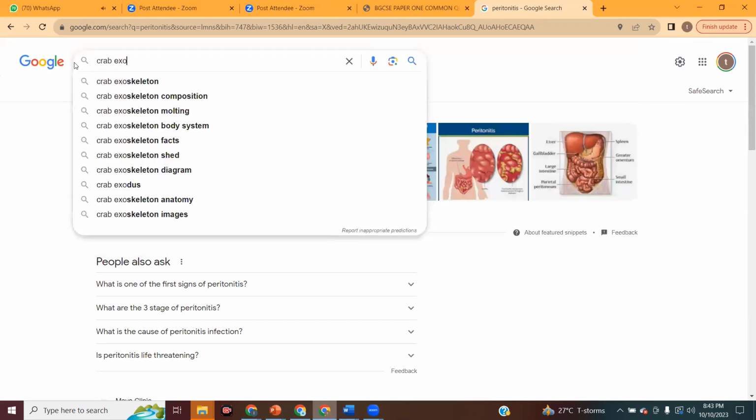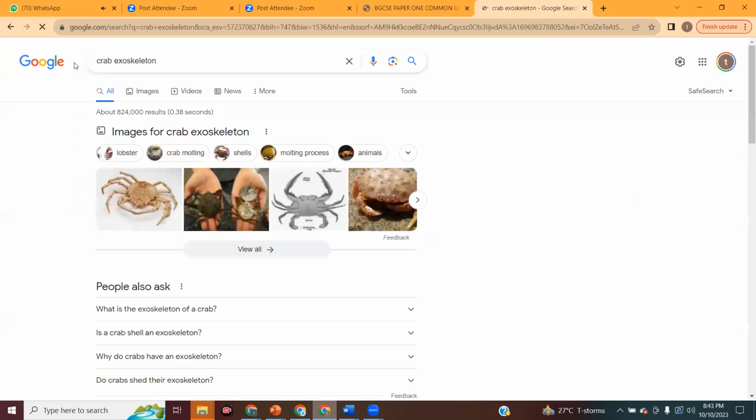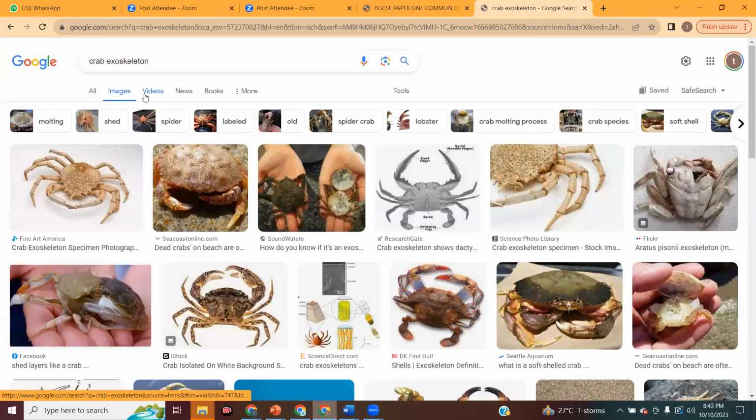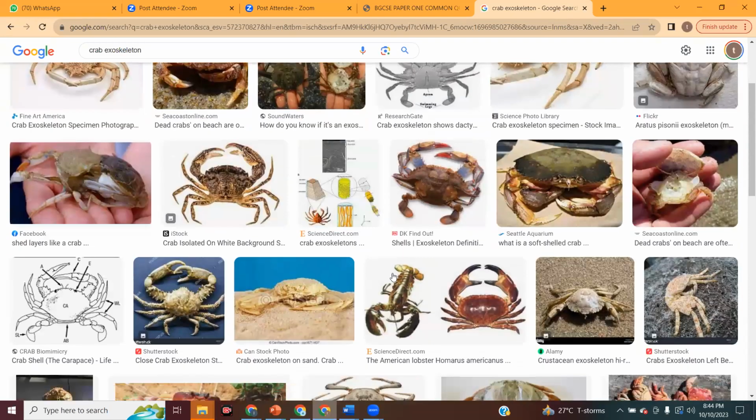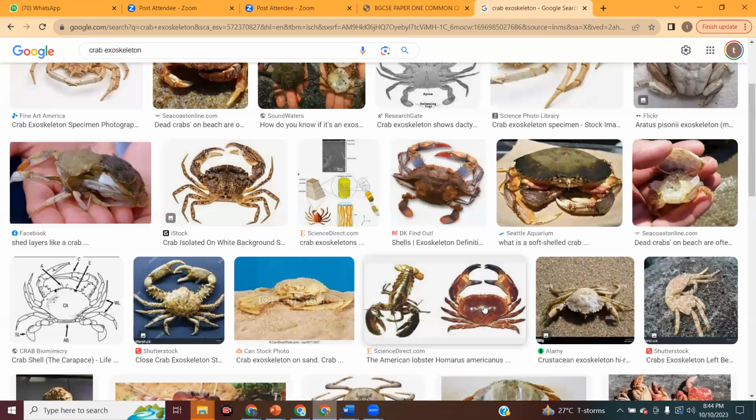A crab is an arthropod, and you see the exoskeleton, it's that hard outer shell. Like red lobster and rock crab and stuff like that. The hard part, that's its exoskeleton.